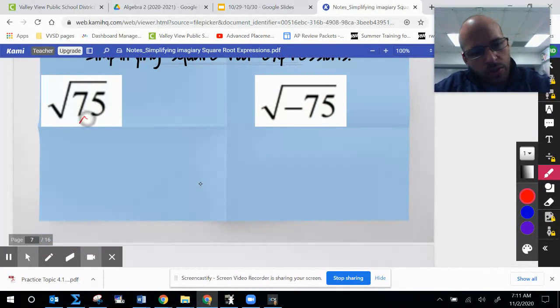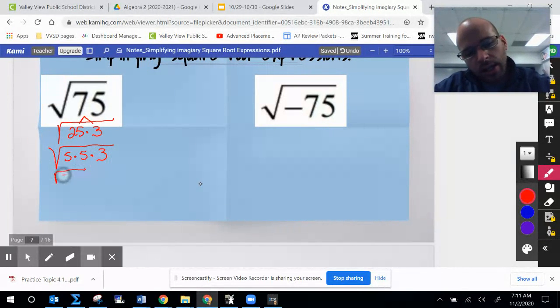So what I'm going to do is break this apart into 25 times 3, the same way we've always done. And I can break apart the square root of 25 to be 5 times 5 times 3. That gives me the square root of 5 times 5 times the square root of 3, which is just 5 square root 3.